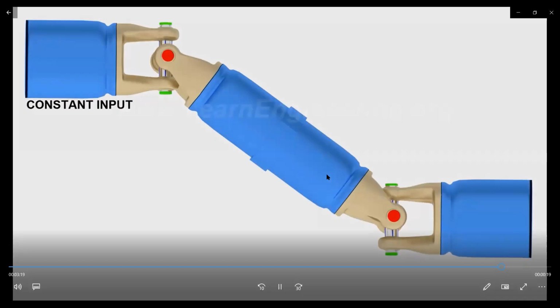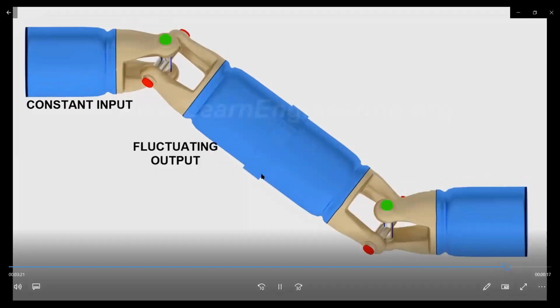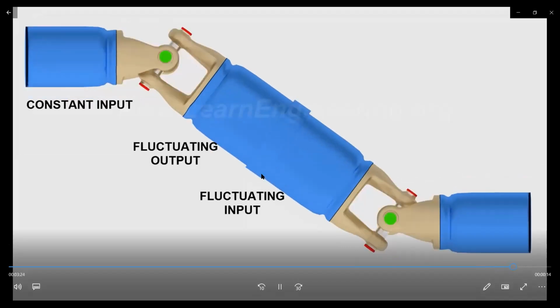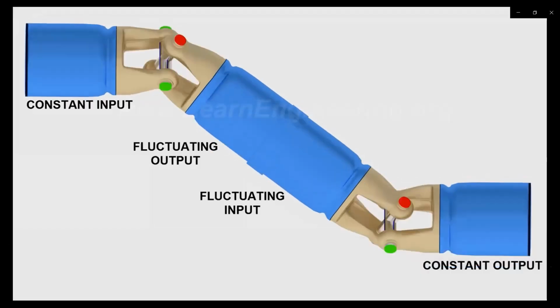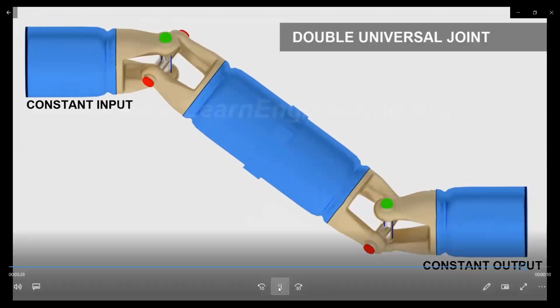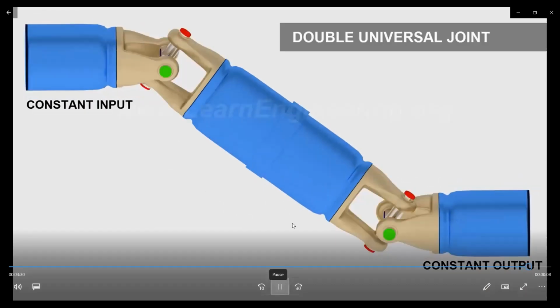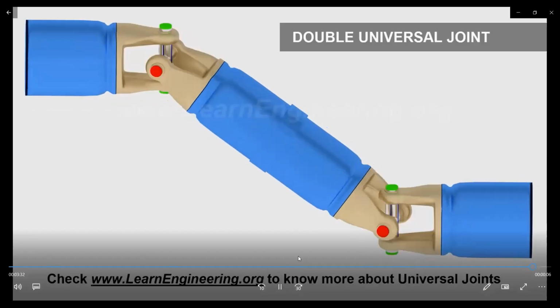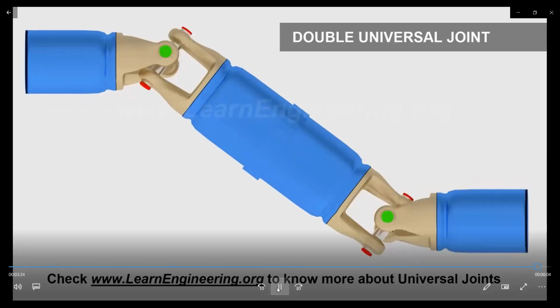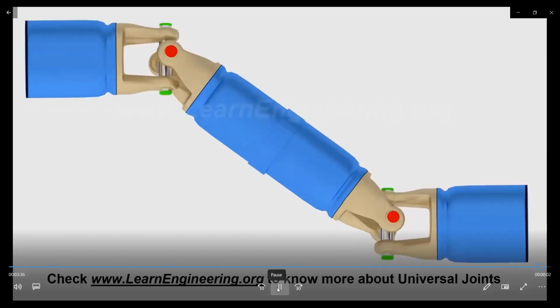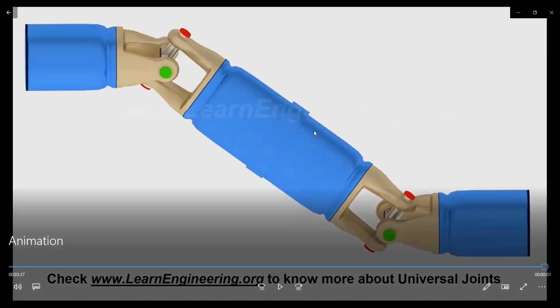If a constant velocity input gives fluctuating output, a fluctuating input will give a constant velocity output. Thus, the double universal joint acts as a constant velocity joint. We hope you have now gained a good understanding of the workings of universal joints. I hope that you got how it works.